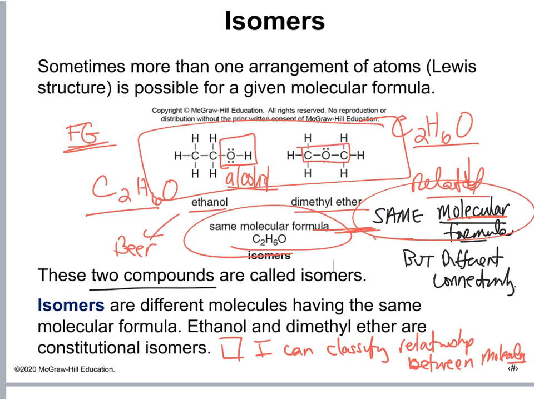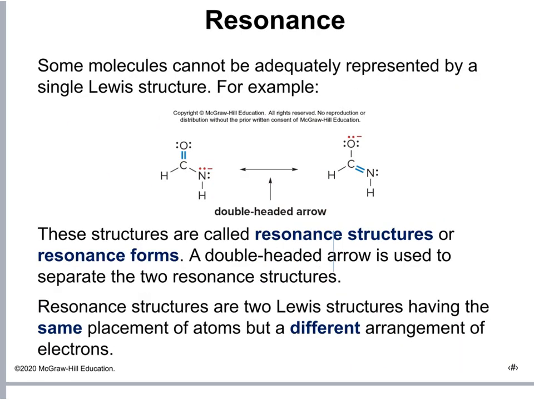Okay, that makes it an ether. So these are different functional groups. They're different compounds, but you would say that they're isomers. You wouldn't say that they're not related. They are related. They have the same molecular formula, but they have different connectivity, so they are isomers. Okay, so I'm going to keep going.